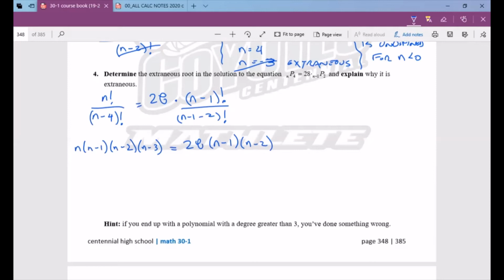Now, on both the left side and the right side of this equation, we have a factor of n minus 1, and we also have a factor of n minus 2. So really this question starts to melt down quite nicely: on the left side, n squared minus 3n is equal to 28 on the right side. Whew. N squared minus 3n minus 28 equals 0, so minus 7 and plus 4 is equal to 0.